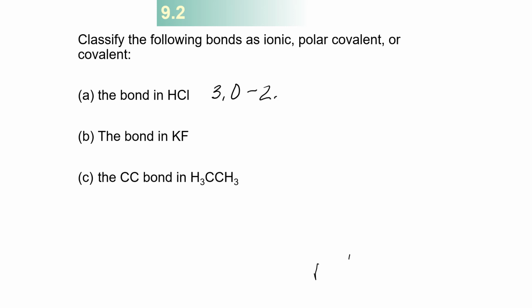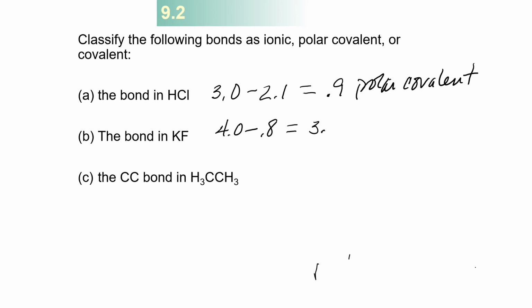So we'll subtract the smaller electronegativity to get the difference in electronegativity, and we get 0.9, which is greater than 0.5, less than 2, so this is polar covalent. The bond in KF: fluorine is the most electronegative element at 4, potassium's electronegativity is 0.8, so the difference here is 3.2, which of course is greater than 2, so this is an ionic bond.